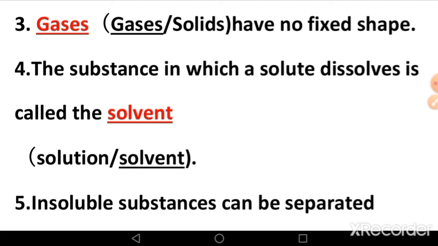In the bracket first option SOLUTION and the right answer SOLVENT.